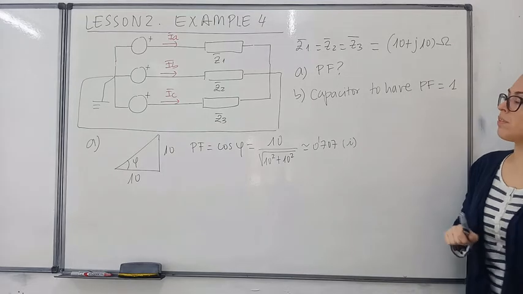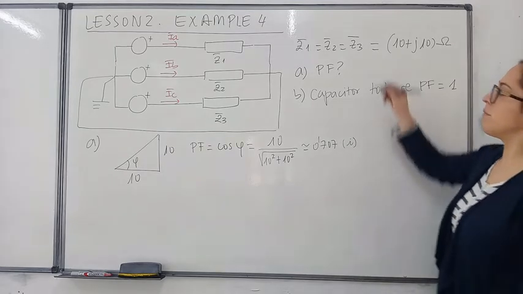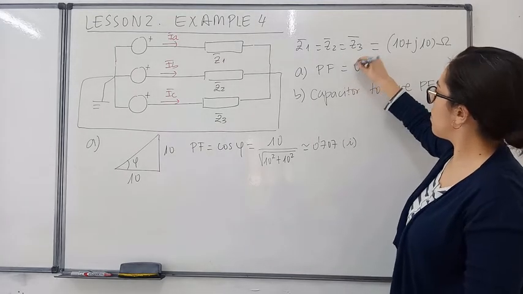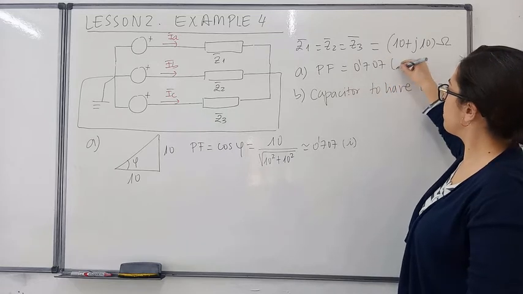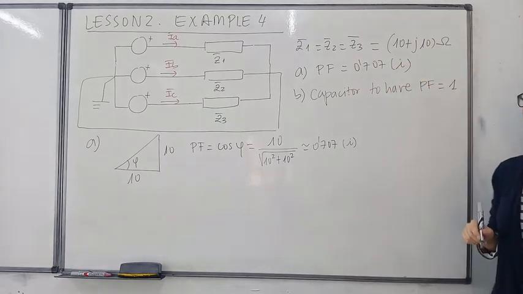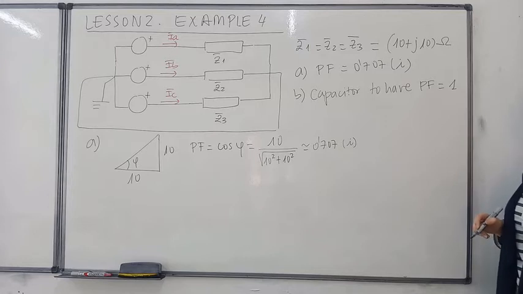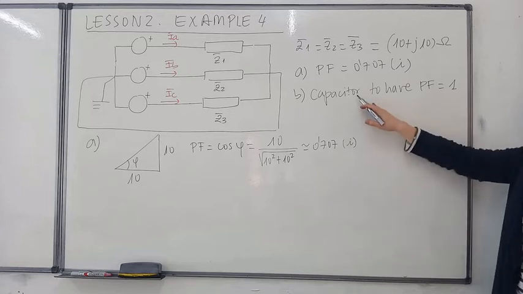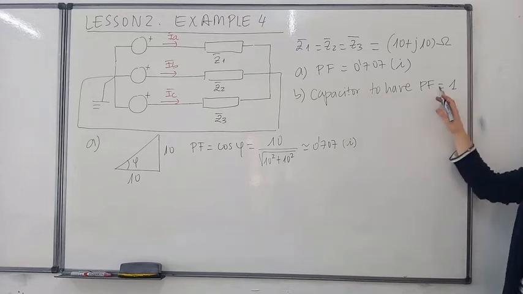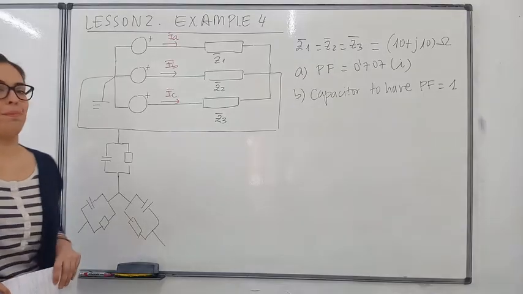Now that we have solved question A, we know that the power factor is this one. We have to solve question B. In question B, they say that we need to calculate what is the capacitance of the capacitor needed to have an ideal power factor equal to 1.